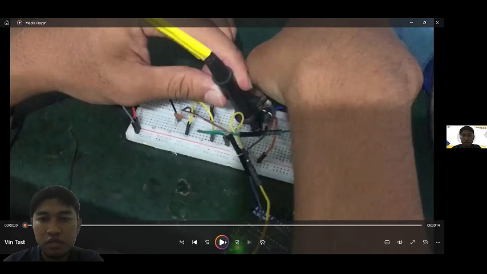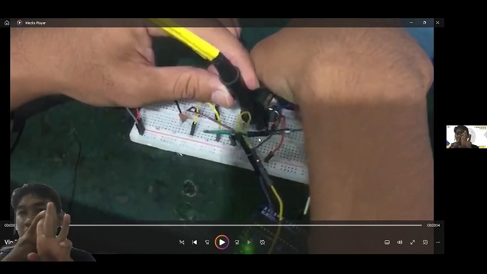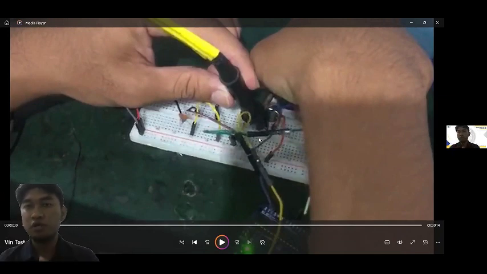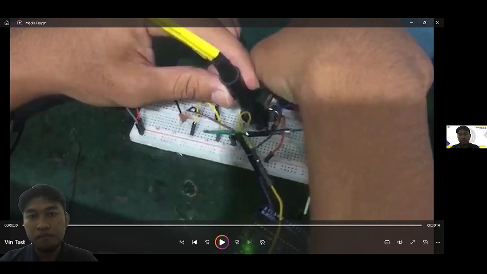Okay, so this one is testing the potentiometer. A potentiometer has 3 pins. The first one is for power, the third one is for ground, and the middle one is for checking that the potentiometer is functional.